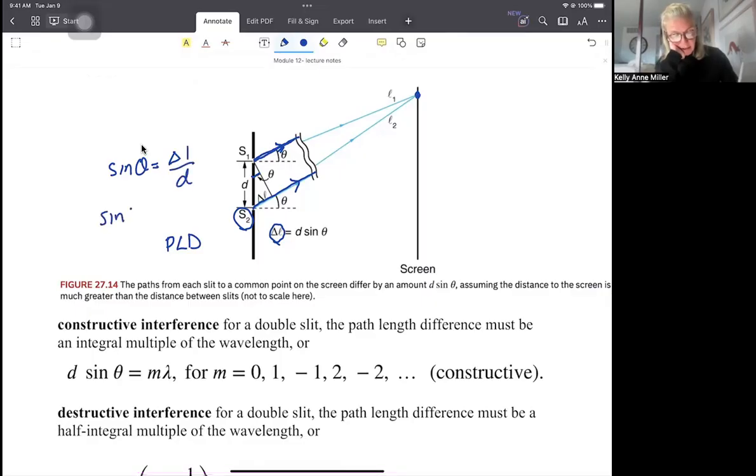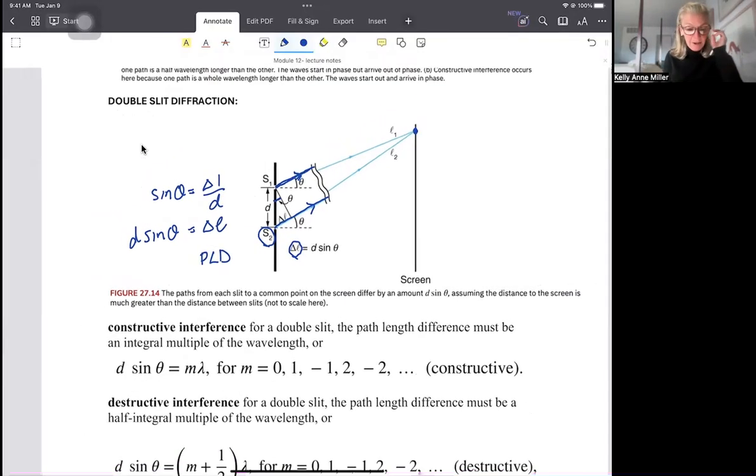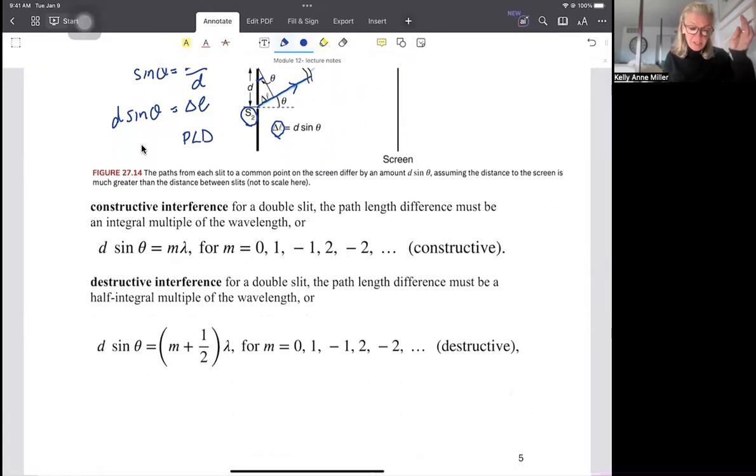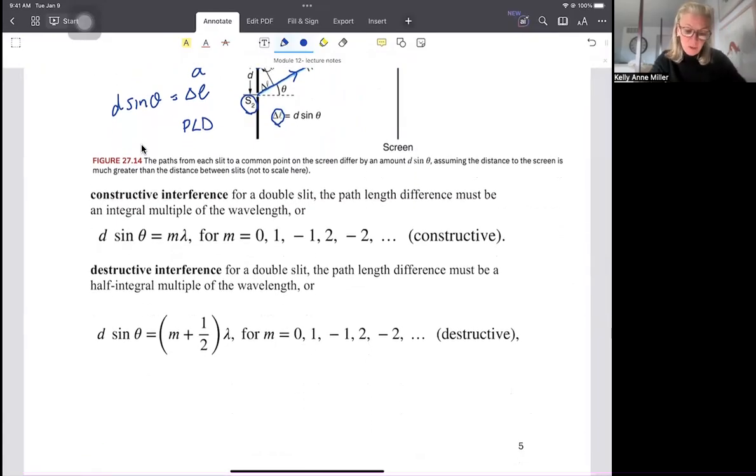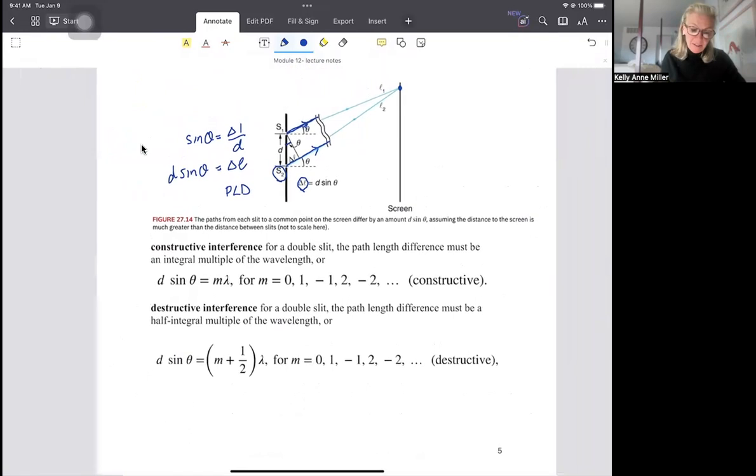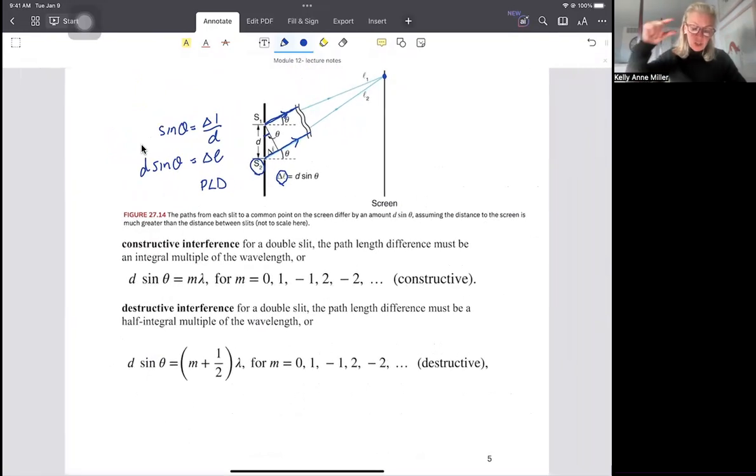So d sine theta equals delta L, the path length difference. This is very cool, because now that we know the path length difference between two slits a distance d apart, we can start applying conditions for constructive and destructive interference.